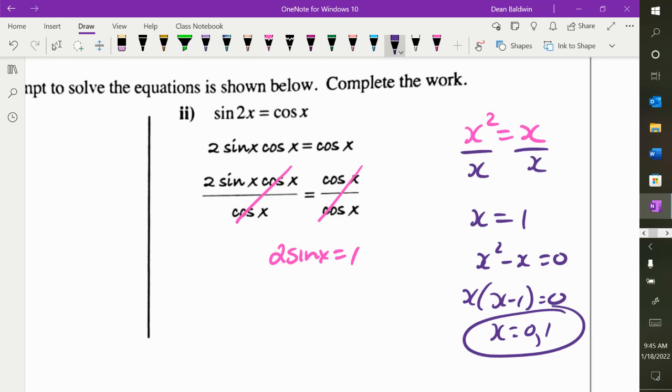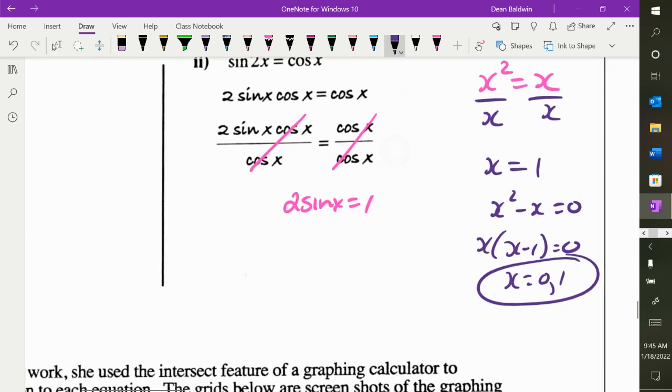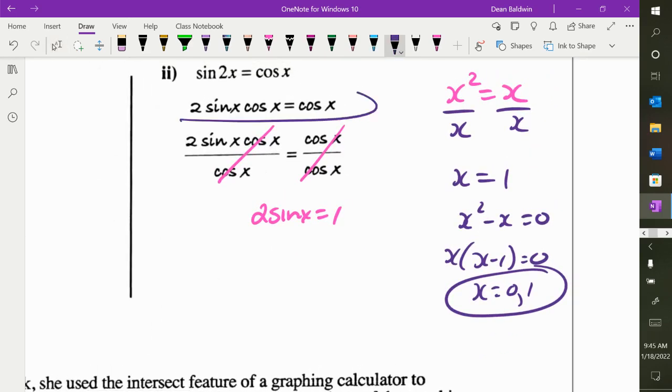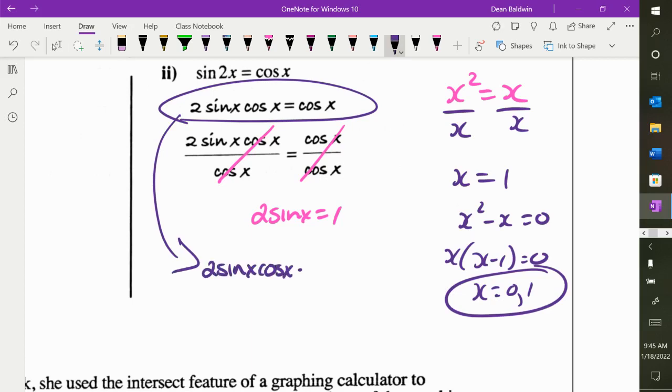So what you have to do for this one, so we'll do it right below, is this step right here. What you do is you move everything to one side, like that. And then how do I solve this? What am I going to do? Factor out a cos x.